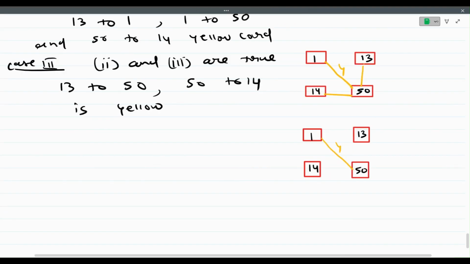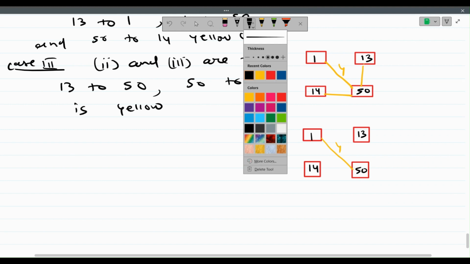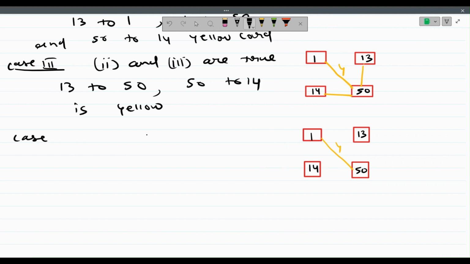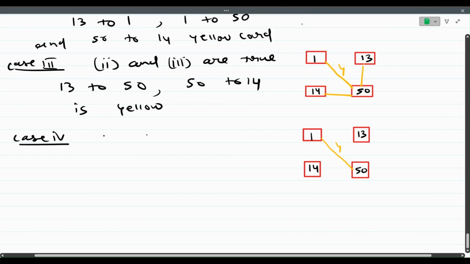Now case number 4. Case number 4 says that 2 and 4 are true.